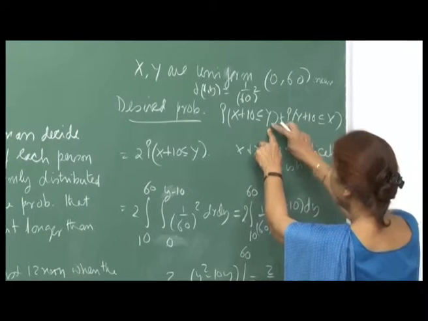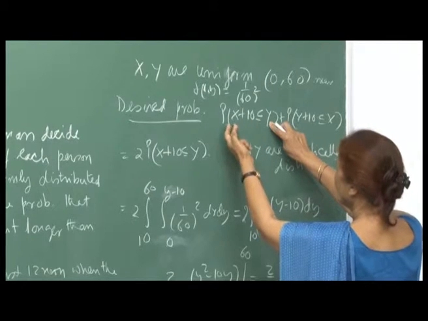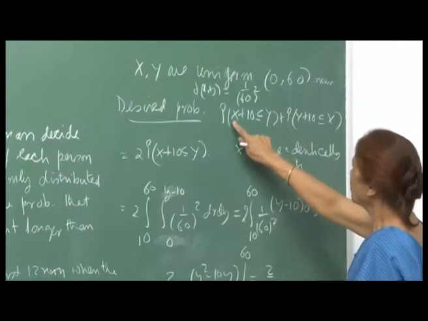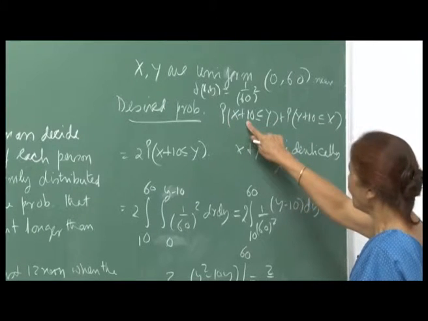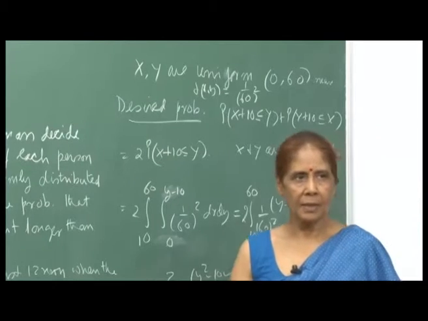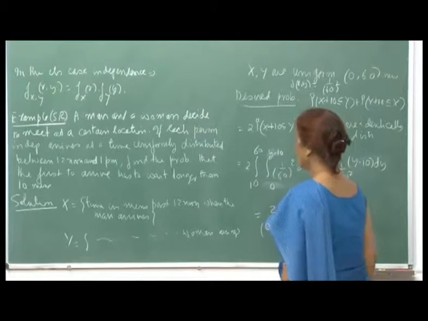That means, y is the time when the woman arrives. So, the man has to wait, because he is the first to arrive, he has to wait for longer than 10. That is probability x plus 10 less than y, but since x and y are continuous random variables, computation of the required probability is all right.